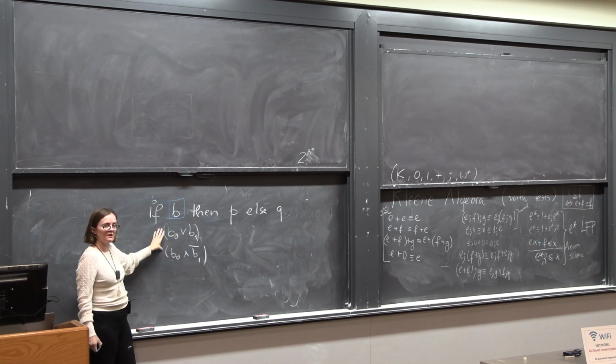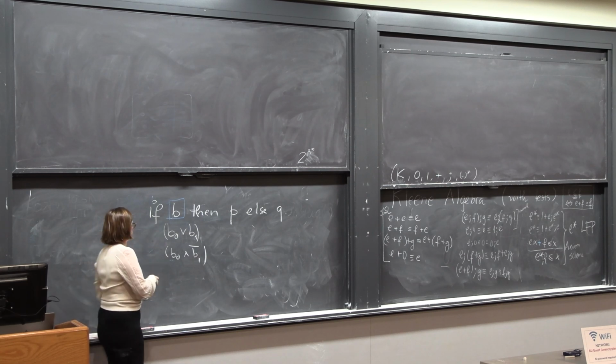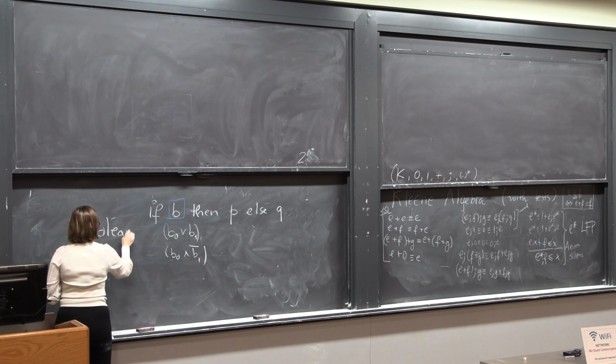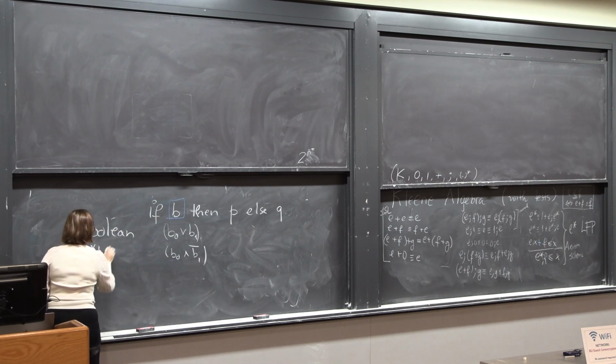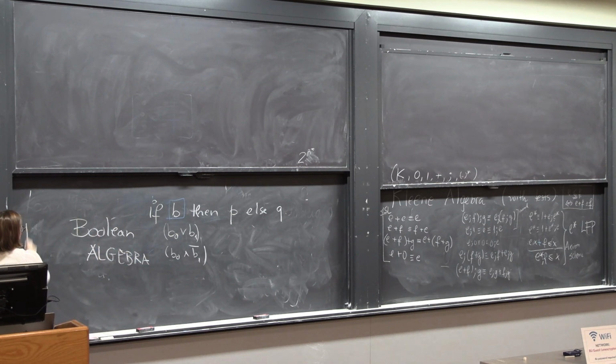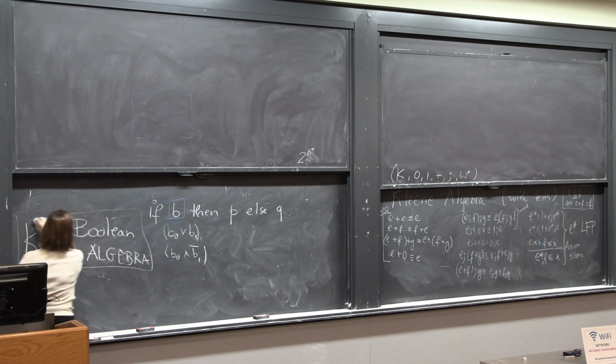Who knows what is the algebraic structure of tests? Boolean algebra. So what I need to somehow combine is Kleene algebra with Boolean algebra. Okay? This is what I need.